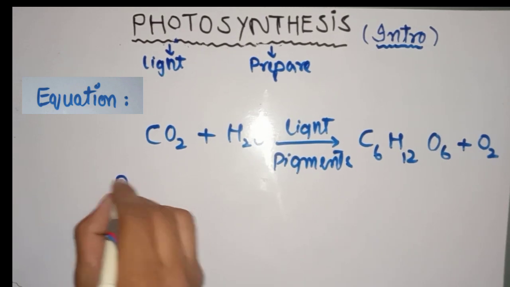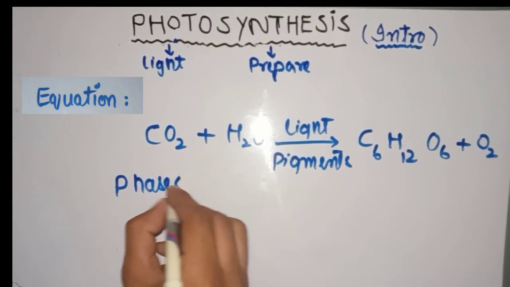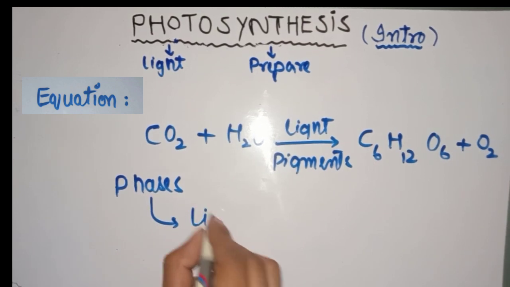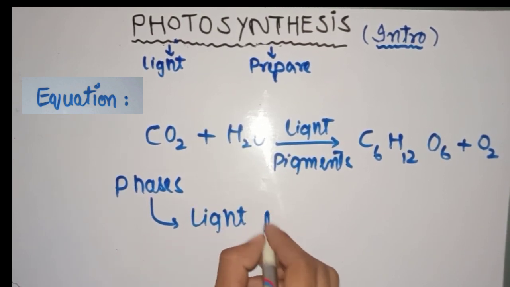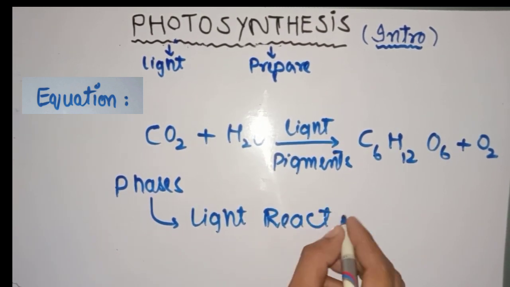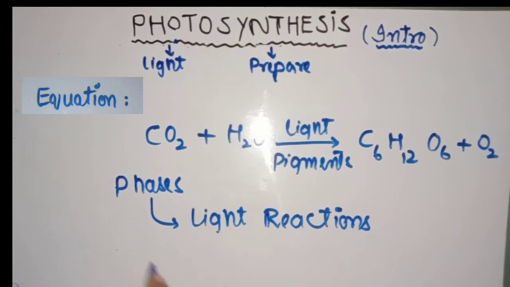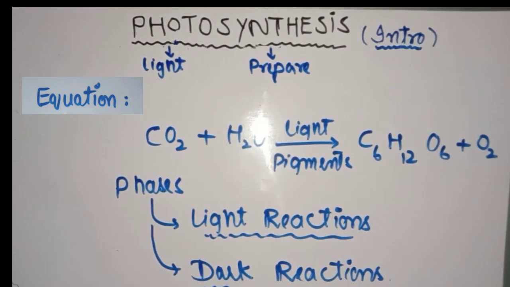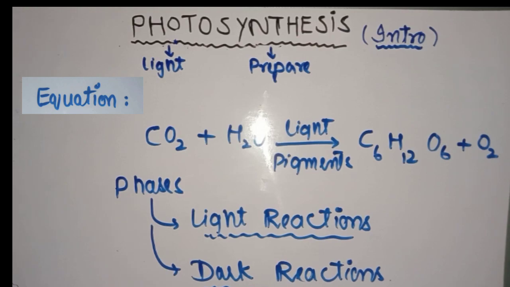There are two phases in which photosynthesis is completed. The first phase is known as light reactions, and the next phase is dark reactions. The total photosynthesis is completed in two different phases, light reactions and dark reactions.